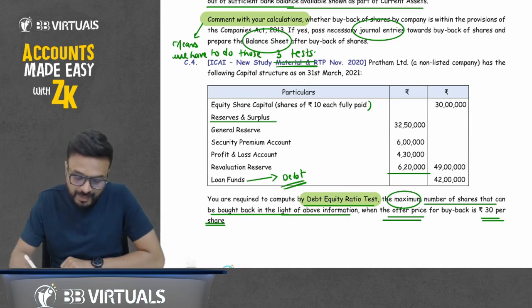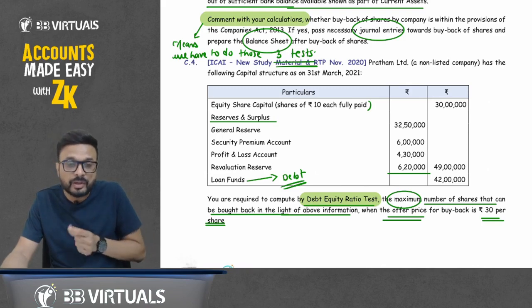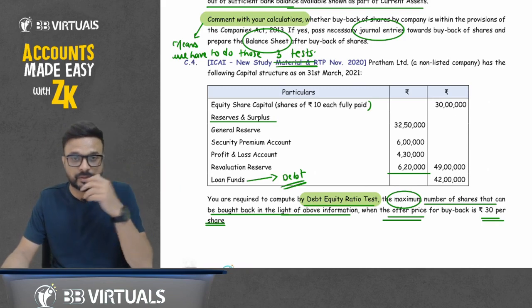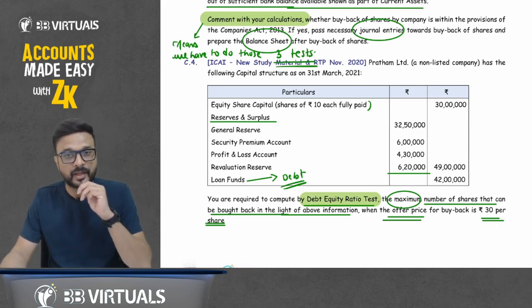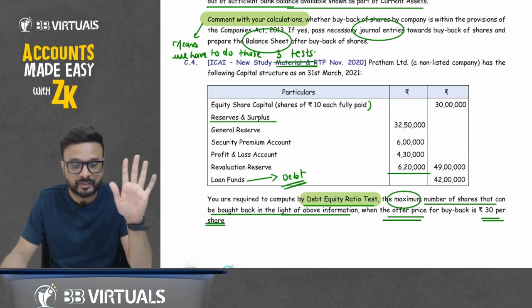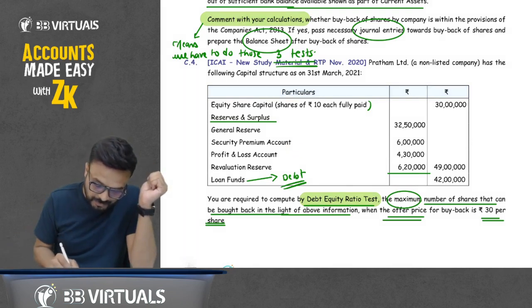What is the revaluation reserve? There is an accounting standard, AS 10, property, plant and equipment, where we will cover it. But remember that we create a revaluation reserve when we revalue the assets. Revaluation reserve is not a free reserve.